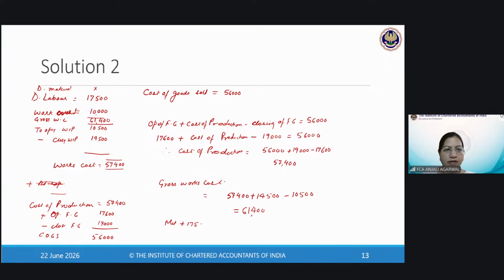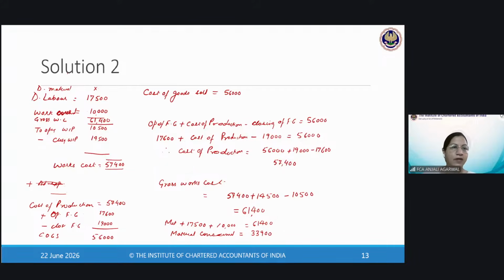Labor is 17,500 and works overhead is 10,000, which gives you 61,400 as the gross works cost. So when you subtract 27,500 from here, you get your material consumed, which is 33,900 rupees.